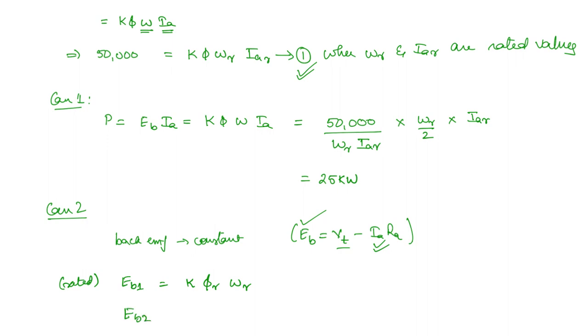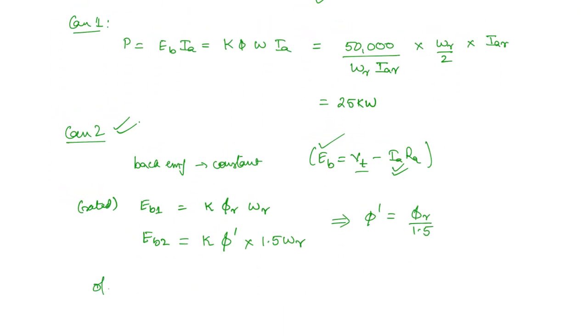Next, EB2 in this case 2 will be equal to K into phi dash into, what is the speed that is given? It is 1.5 times the rated speed. Okay. So equating both of these, what you are going to get? Phi dash is equal to phi r by 1.5. So what will be the output power?